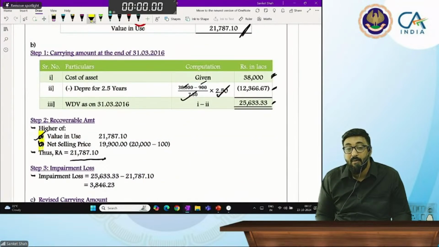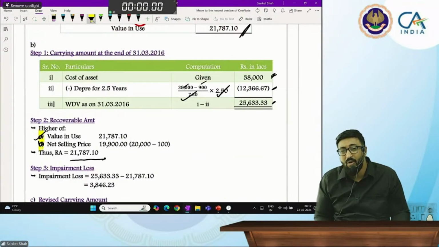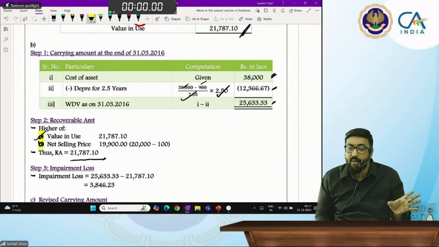Sir, when we calculate recoverable amount, if future cash flows are given, like present value and future value both are given, then we have to calculate both? Not given. They will never give you both. Either they will give you present value or they will give you future values, and you have to calculate the present value.